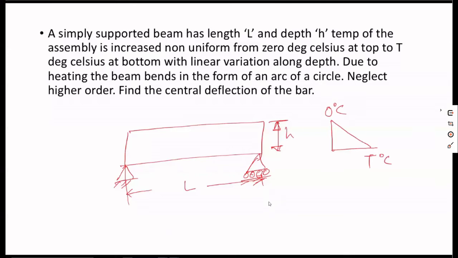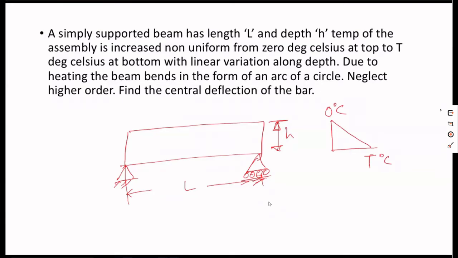Due to heating, the beam bends in the form of an arc of a circle. Neglecting the higher order, find the central deflection of the bar. It is asking us to find the central deflection of the bar.